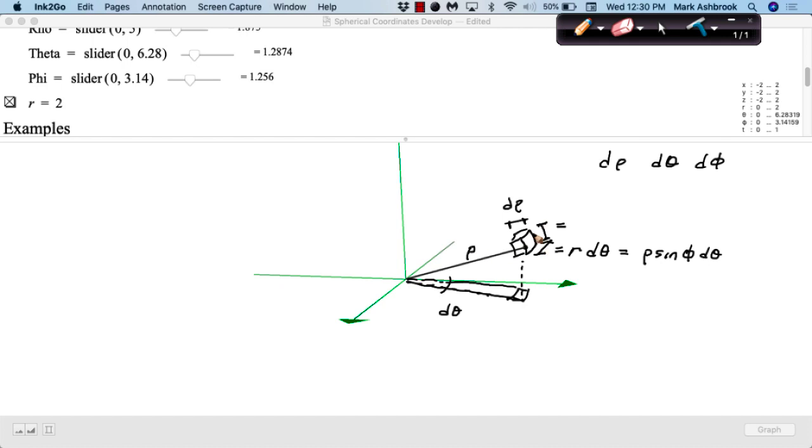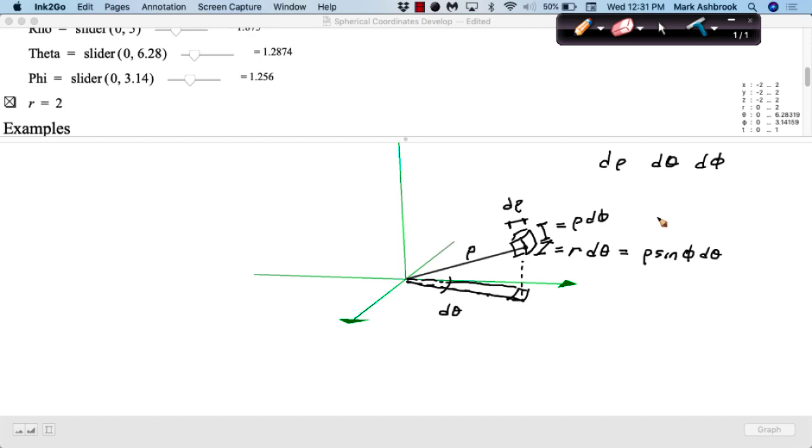So that little change in length at a distance of rho away is rho d phi. The radius times the change in angle will give you that little length, just like r d theta gave us that other little change in length.